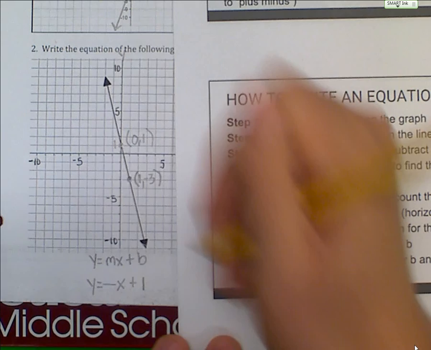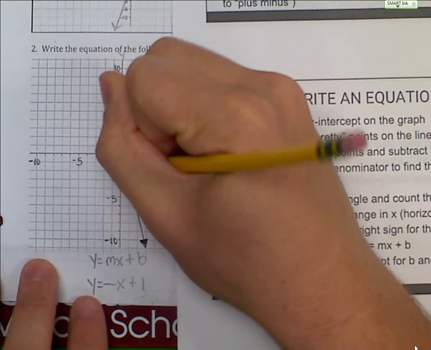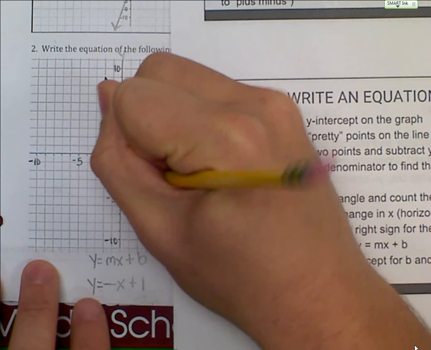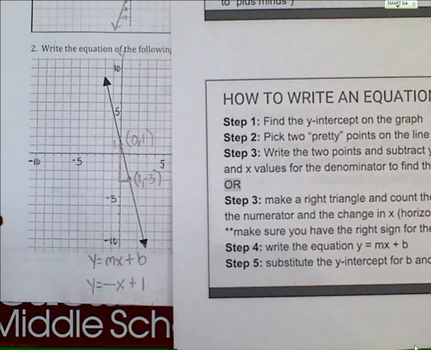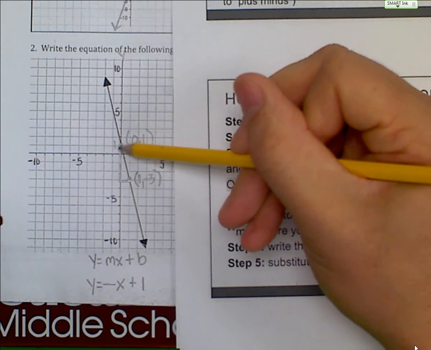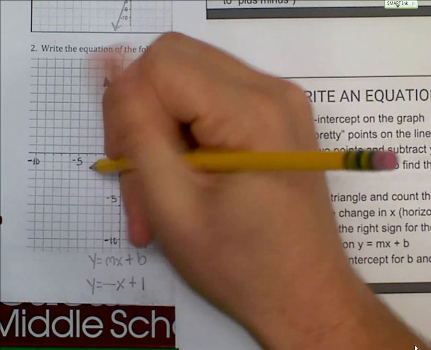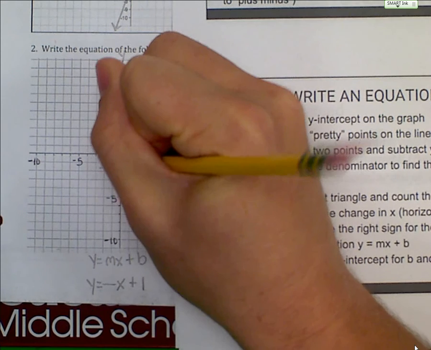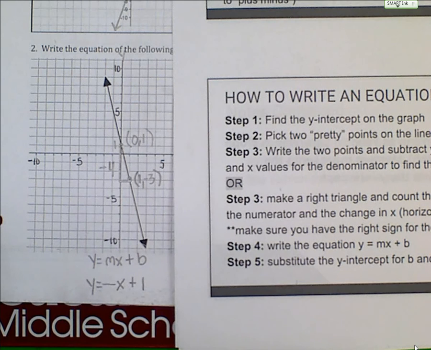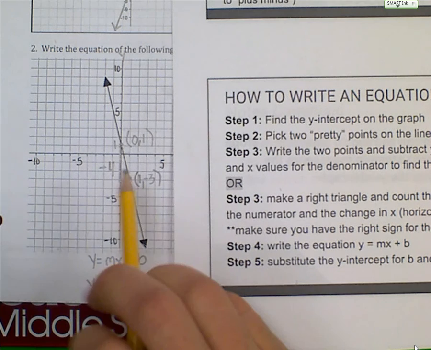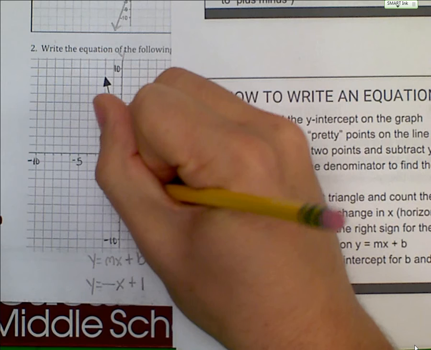So, here's my right triangle, and let's see how I did that. I went down 1, 2 spaces, 3, and 4. So that was down 4, which I know is negative. And I went over 1 space.